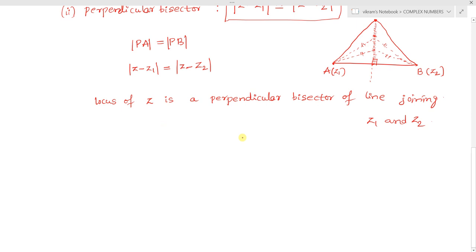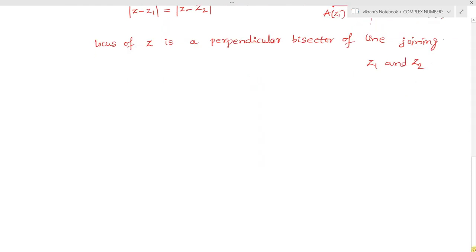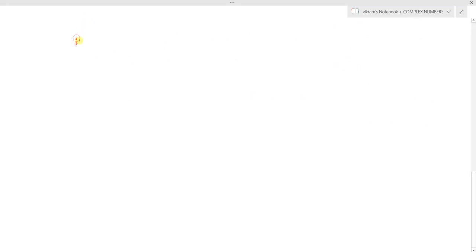Section formula. We have the line joining Z1 and Z2, that means point Z1 and point Z2, represented by a point A and a point B, and a point P. The point P is dividing the line segment AB in the ratio m is to n.